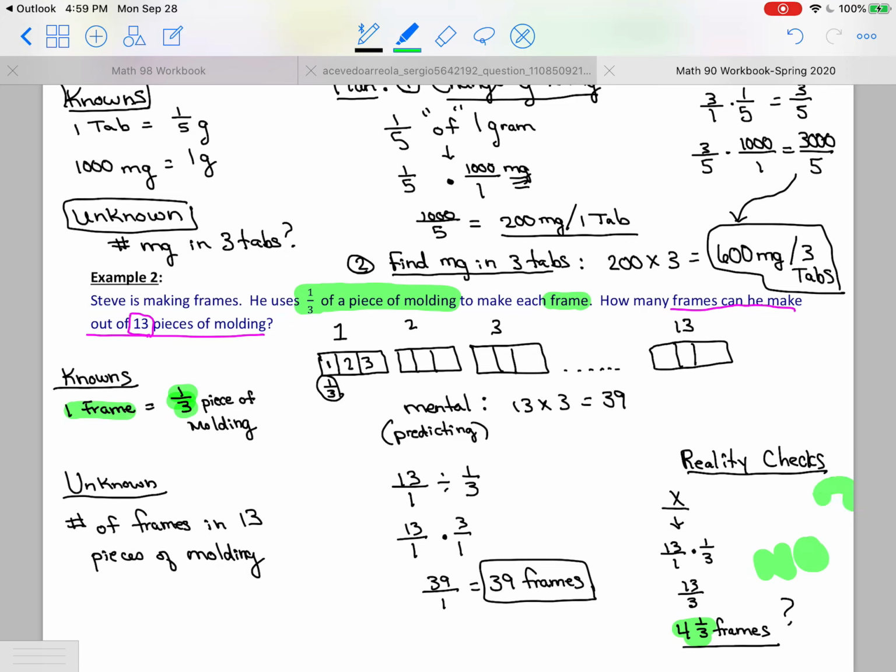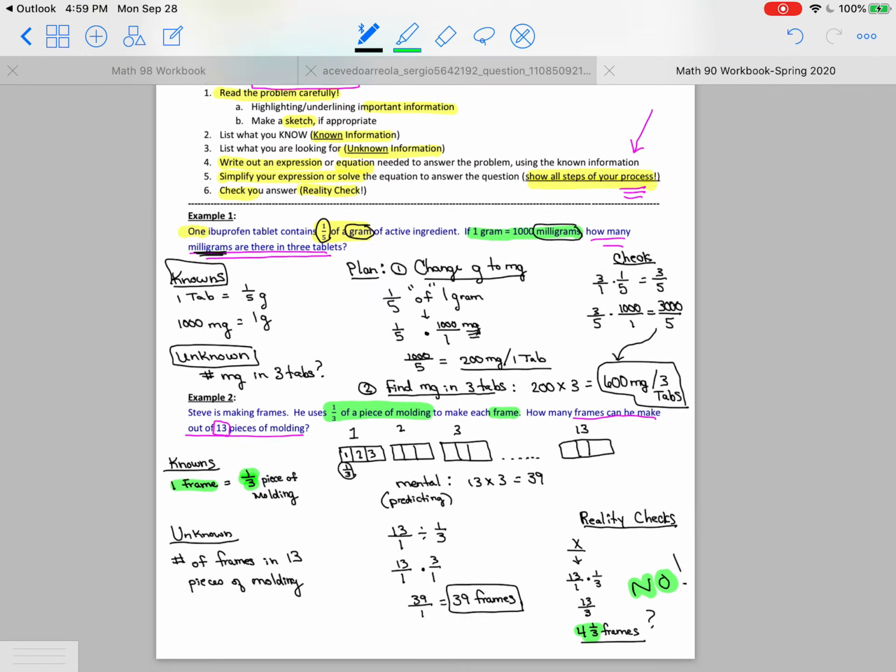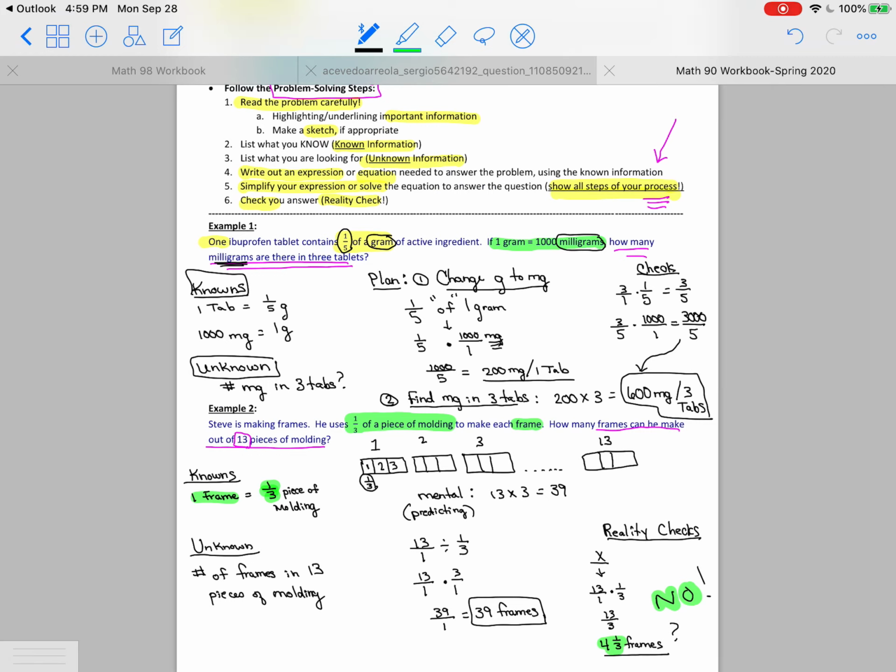We would see that that does not make sense. That's a big no, right? Big, whoa, what happened there? Big no. That just simply doesn't make sense. So I want you guys to stop and just look at your answer and make sure that what you get really makes sense in terms of the problem at hand.